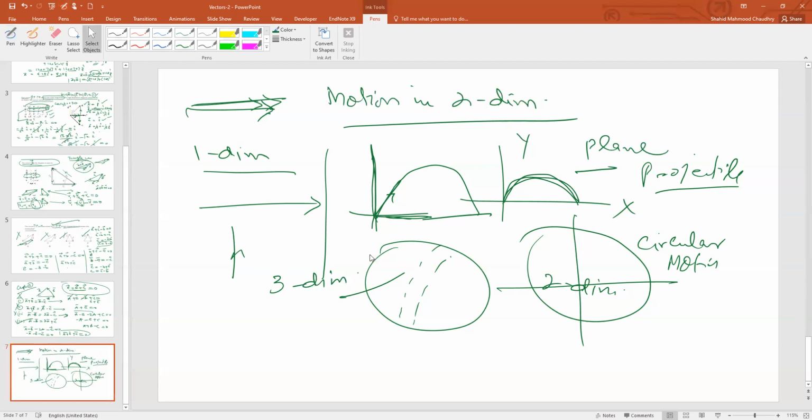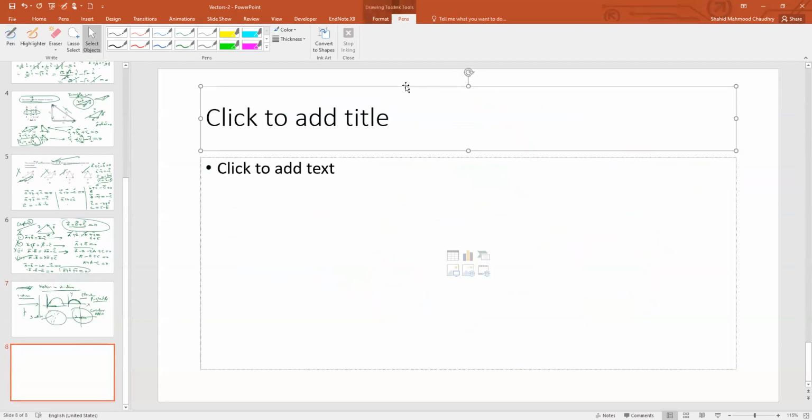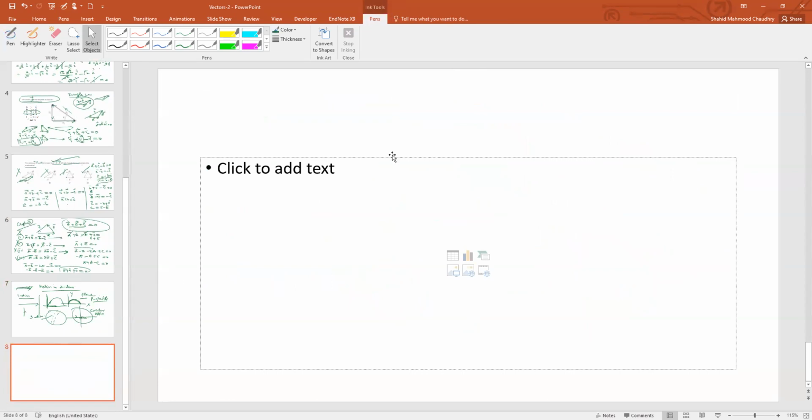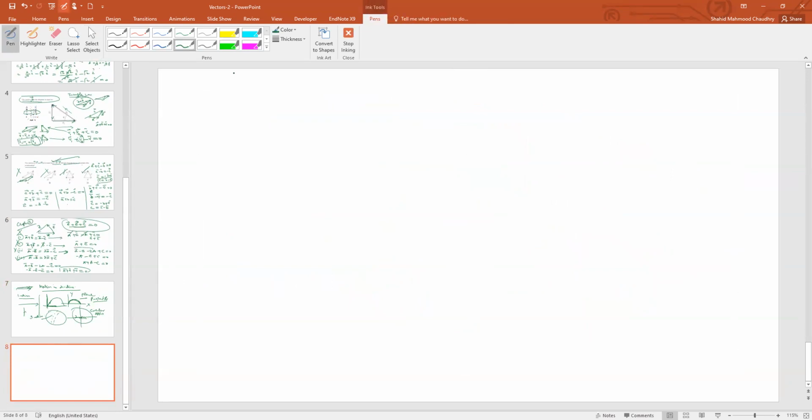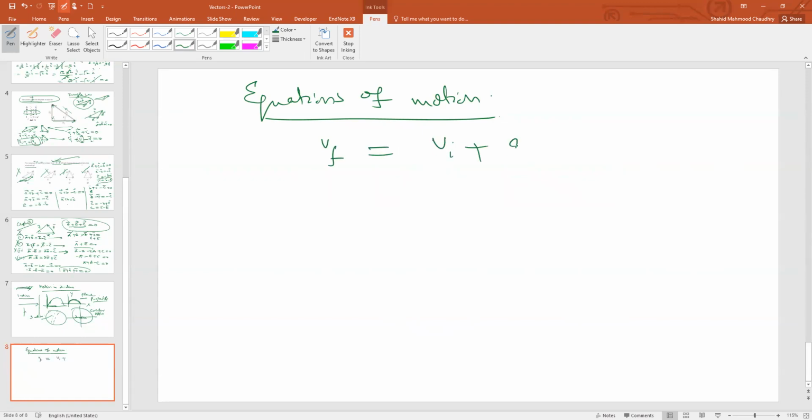So in this 2 dimensional motion, what will we study? The same thing, the equations of motion, but we will write them in the 2 dimensional form. You know that VF is equal to VI plus AT.